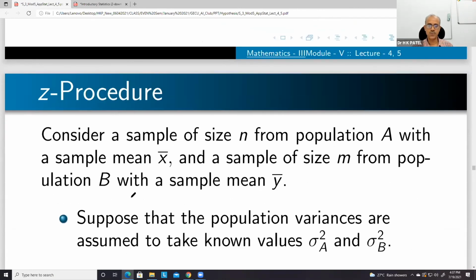The last one is the Z procedure, the simplest one, because we are very familiar with the normal distribution and the normal table. Here sigma 1 and sigma 2, the two standard deviations of the populations, are known.